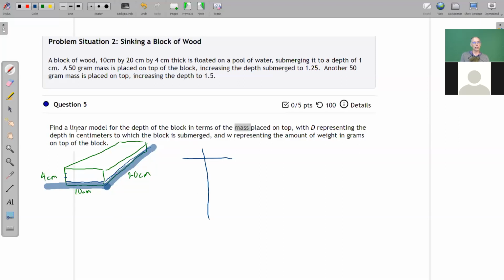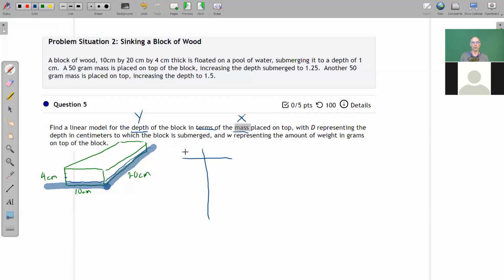All right, so find a linear model for the depth in terms of the mass. In terms of means this is going to be my independent variable, and this is going to be the dependent variable. That makes sense because I'm putting weight on and watching what happens. The depth this thing sinks depends on how much weight we have, right? Remember the whole independent, dependent variable thing.